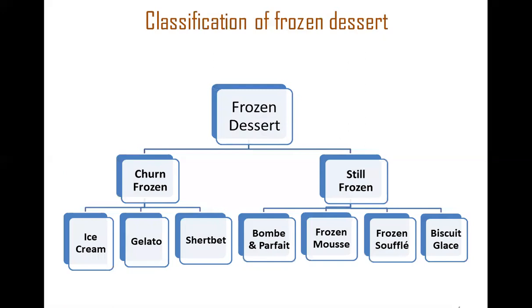Churn frozen desserts are again divided into three subcategories, that is ice cream, gelato and sherbet. And still frozen desserts are also divided into four subcategories, that is bombe and parfait, frozen mousse, frozen souffle, and biscuit glace.